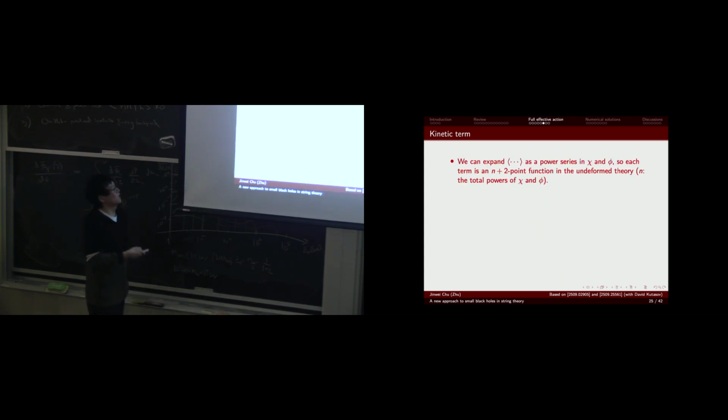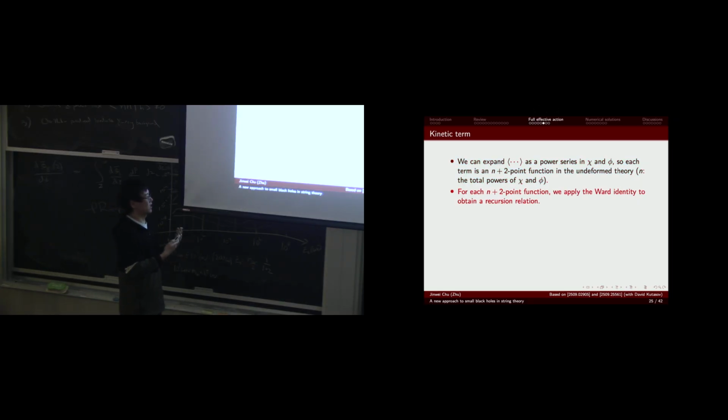So to calculate that two-point function, we can expand it as a power series in chi and phi. Each term in the power series is just an n plus 2-point function in the undeformed theory, where n denotes the power of chi plus the power of phi. To calculate each n plus 2-point function, we can just apply the previous Ward identity. That gives us the recursion relation, right?